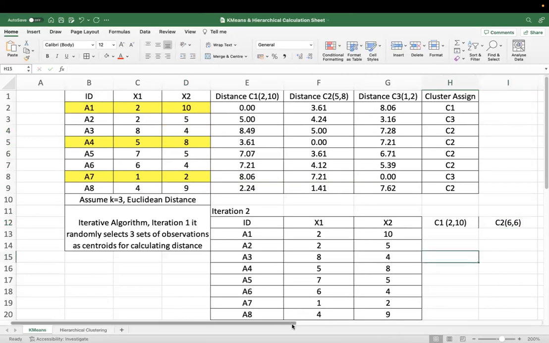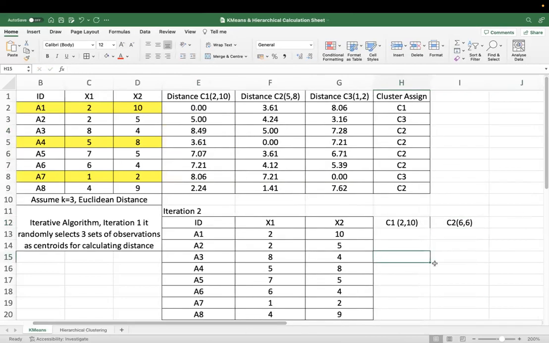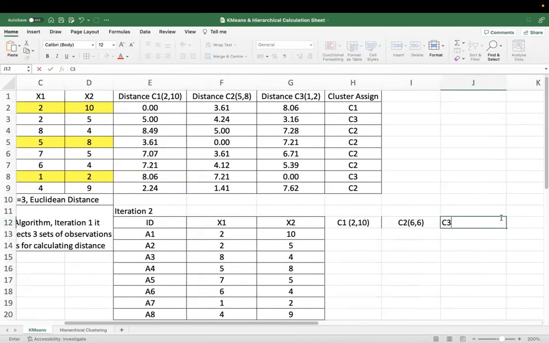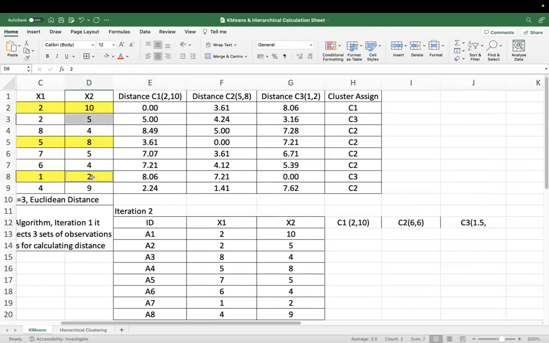Okay. For C3, we have 2 observations, so we have to calculate a fresh centroid for C3. What are the 2 observations? 2 and 1, so 1.5, comma, 5 and 2, 3.5. 3.5 is the centroid.